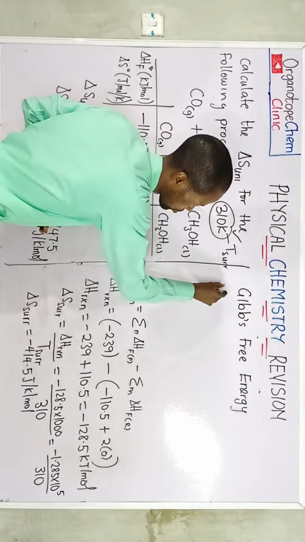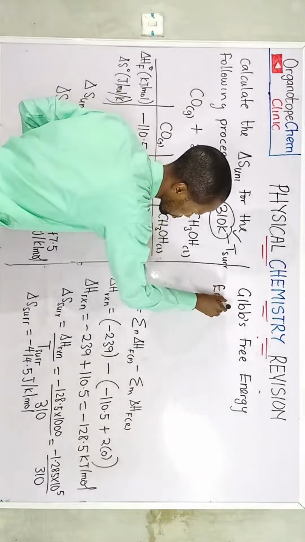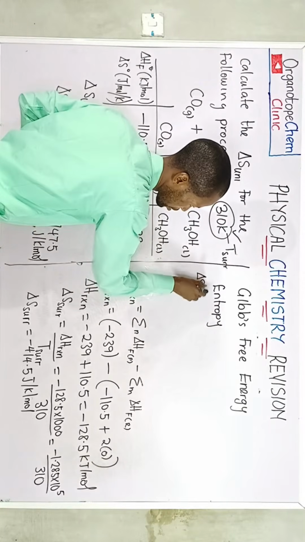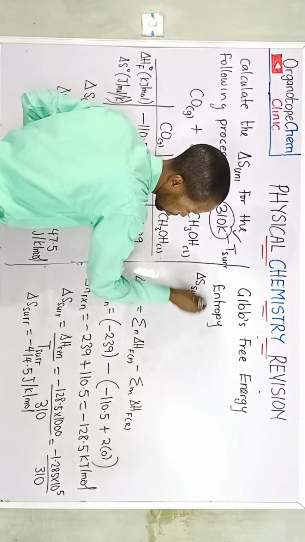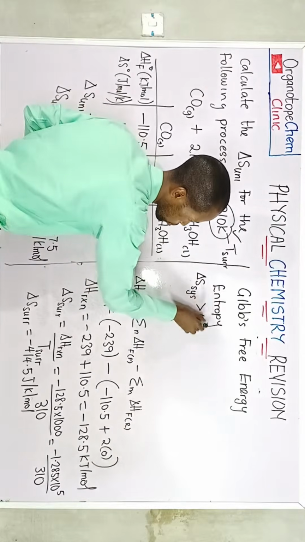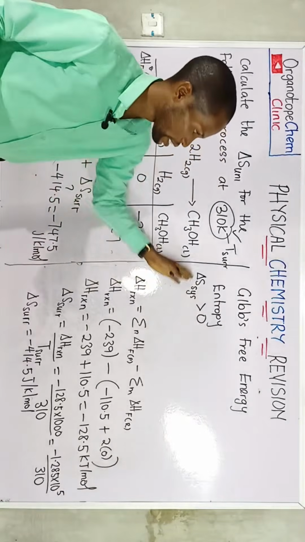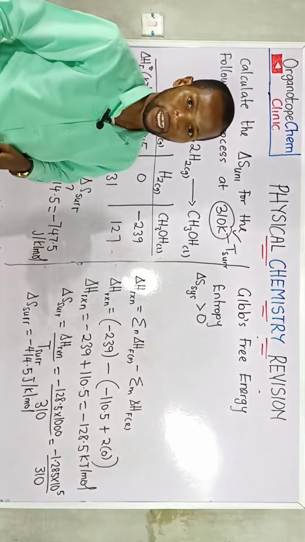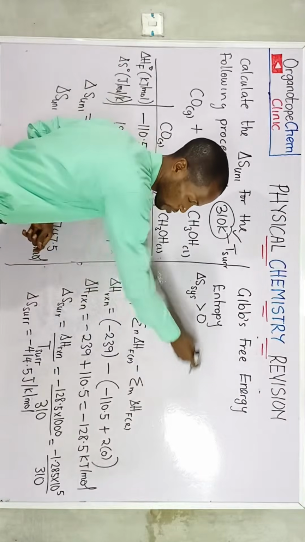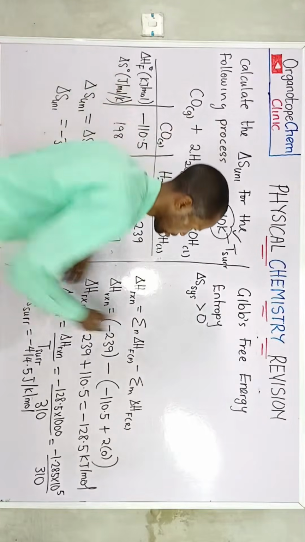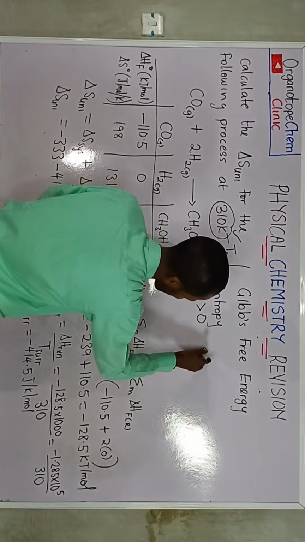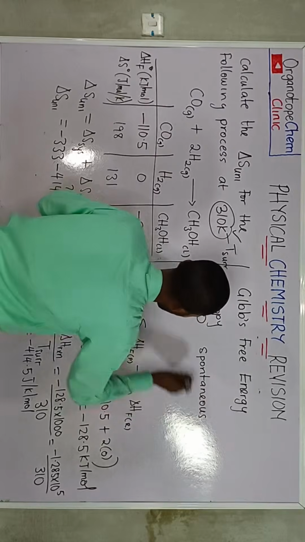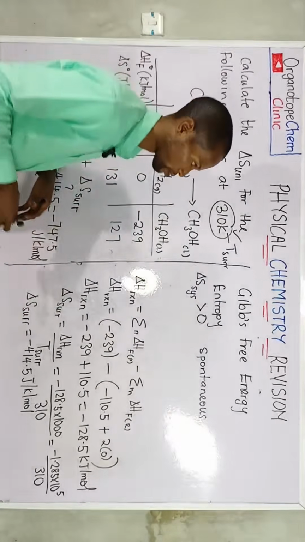Okay? Now, starting with entropy, which is our delta S. When delta S system is greater than 0, that means positive value of delta S. Values greater than 0 are said to be positive. The reaction is spontaneous.